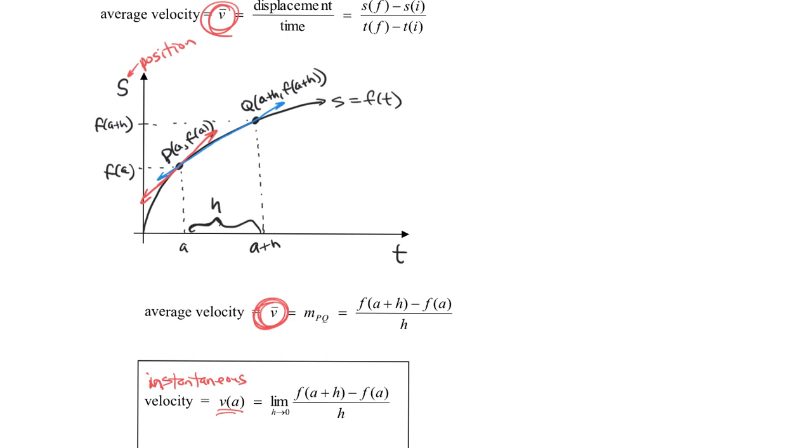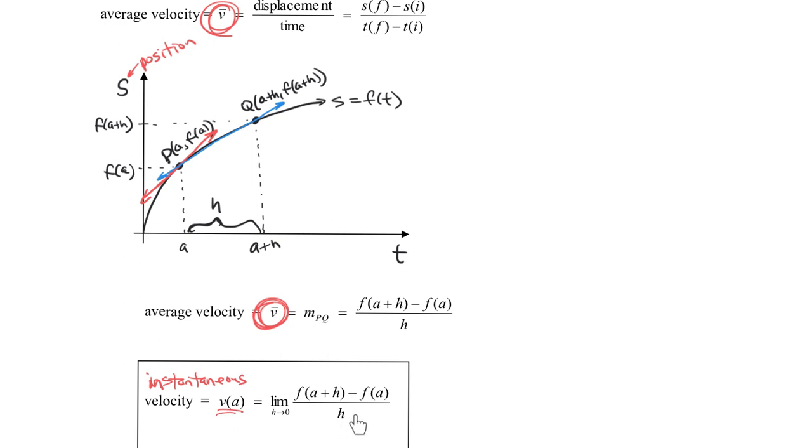We're going to let this gap approach 0. So as h approaches 0, this comes over here, Q comes over here, and then the velocity, which is the rate of change in position with respect to time, or the change in position with respect to the change in time, that instantaneous velocity is equal to the limit of all of these secant line slopes.